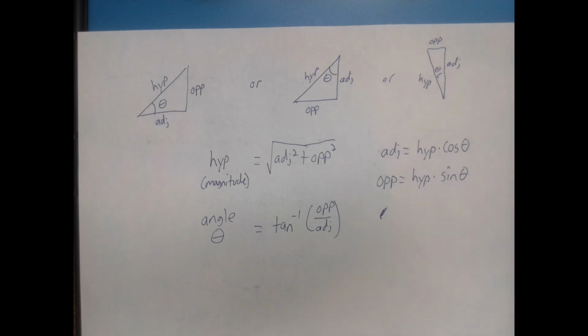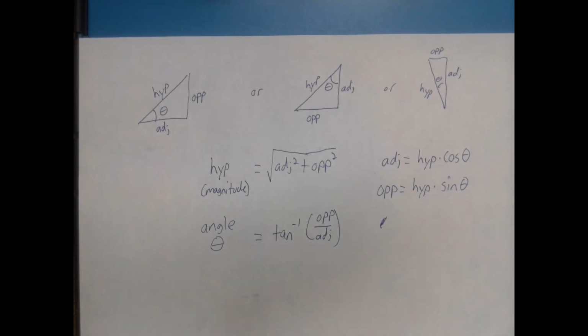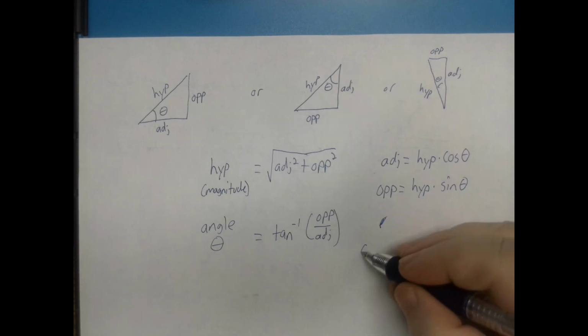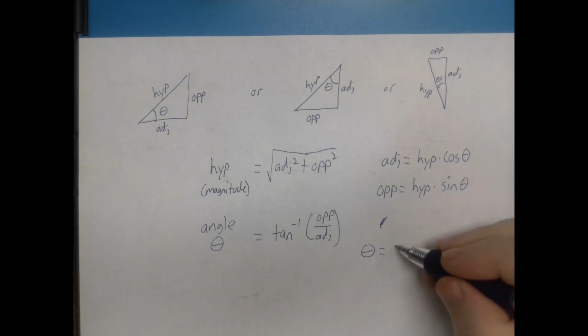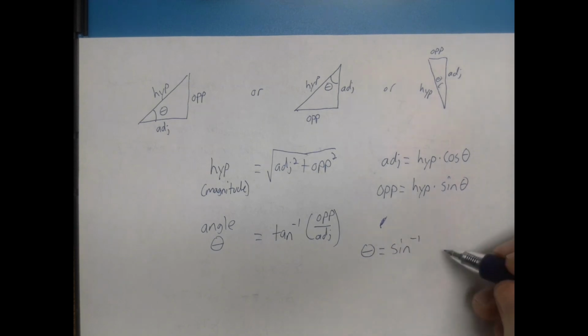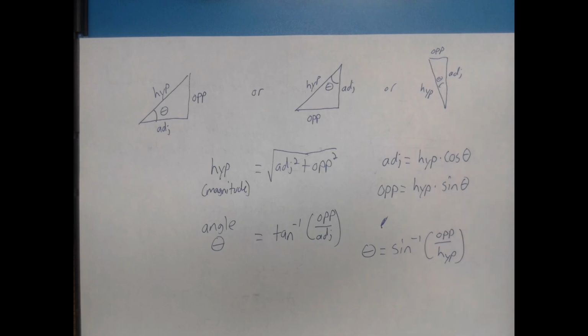Basically that's all we do, is use these formulas to analyze them. We could also use theta is equal to the inverse sine of opposite over hypotenuse, or in any other version. I think that's mostly it.